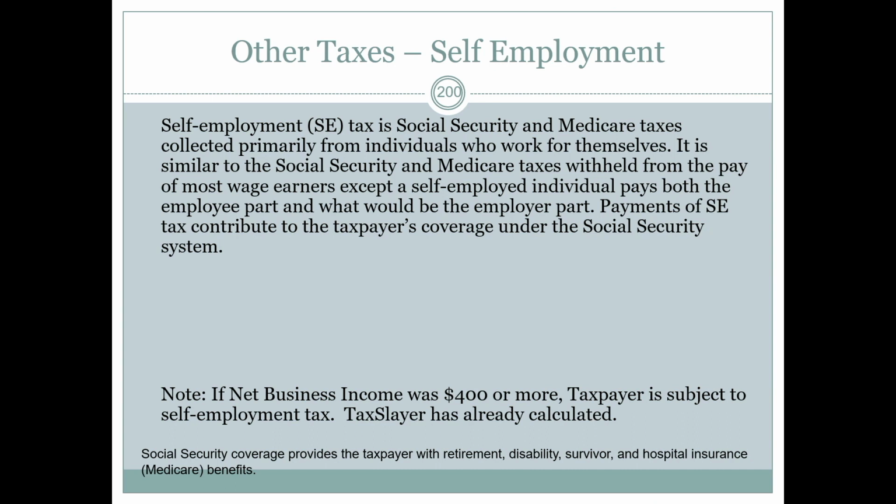It is a Form 1040 SE that TaxSlayer automatically populates based on the information that has been input into TaxSlayer. Social Security coverage provides the taxpayer with retirement, disability, survivor, and hospital insurance, Medicare benefits. And I'm sure you've talked about that when you were talking about income.